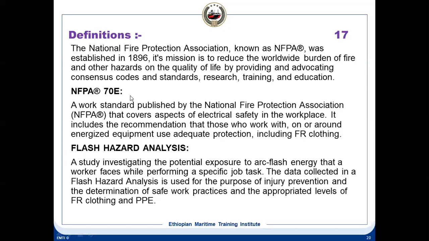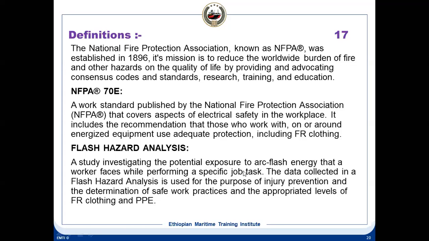It includes recommendations that those who work with or around energized equipment use adequate protection, including FR clothing. Flash hazard analysis means a study investigating the potential exposure to arc flash energy that a worker faces while performing a specific job task.